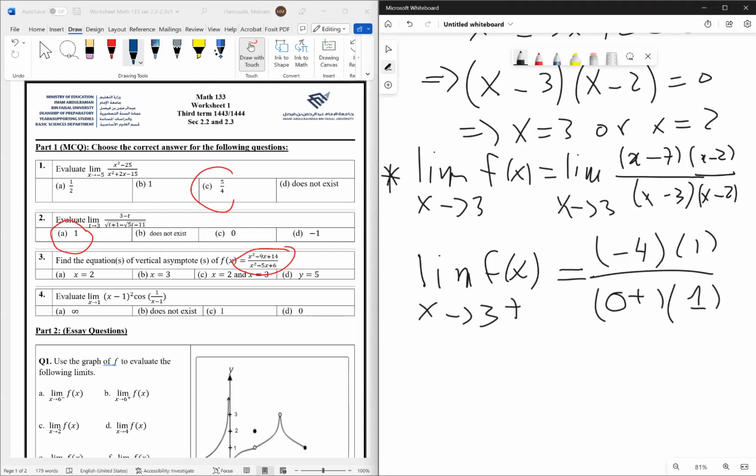So basically, I will get something negative in the numerator and 0 plus in the denominator. So it's minus infinity. If you compute the limit of f of x when x approaches 3 minus, you will find that it is plus infinity, but no need, since this gives me the conclusion that x equal to 3 is a vertical asymptote.